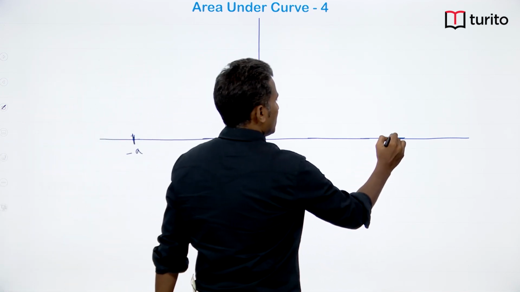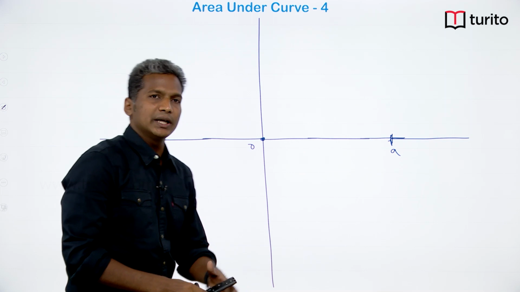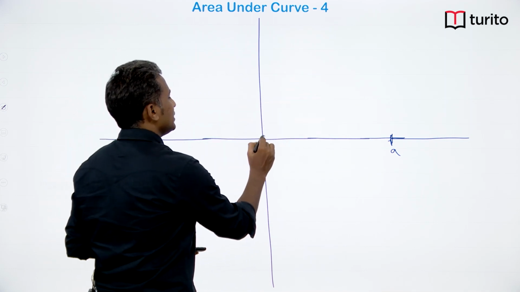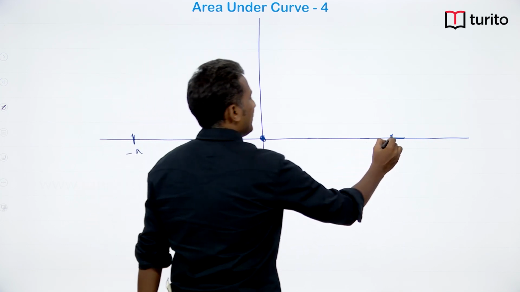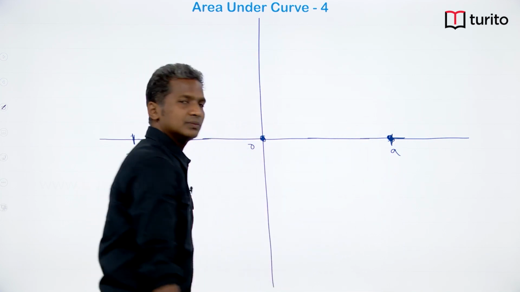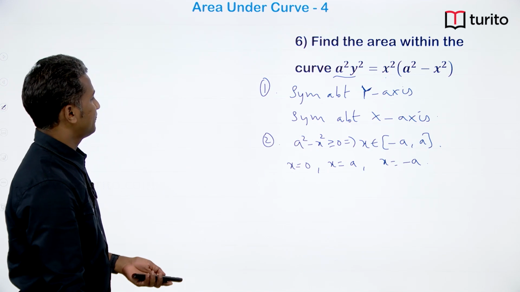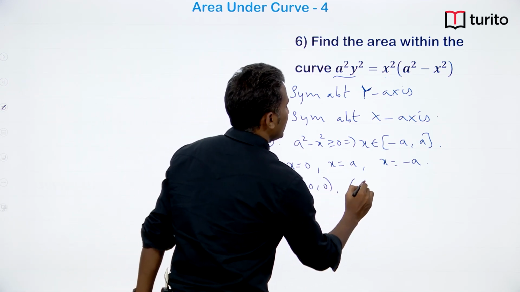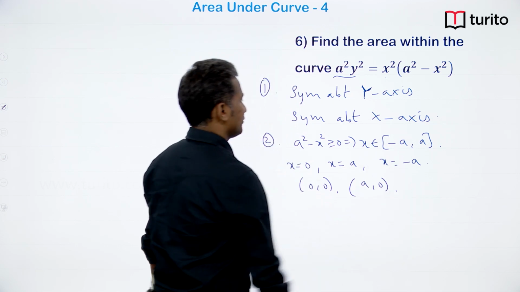Now, I am drawing only the graph in the first quadrant. So, at 0 the output is 0, at a also the output is 0. So, we got 2 points. Okay. What are those 2 points? 0, 0 and a, 0, these are the 2 points we got.